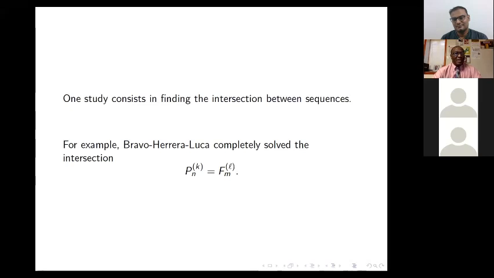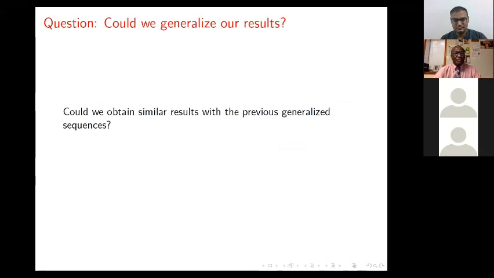They have obtained other properties and other equations, and they studied that. The other thing that people have studied is comparing generalized sequences with repdigits and so on. This is just to give you an idea about some studies done on the K-generalized sequences.